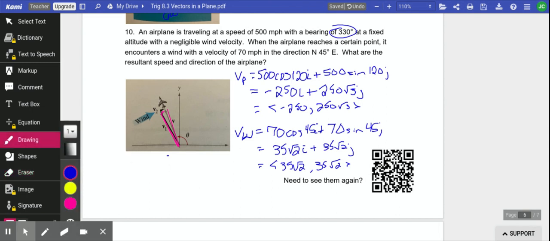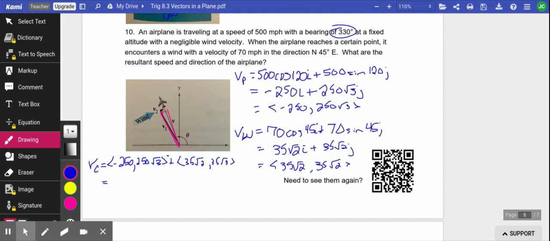So our resultant, I'm going to call it our vector combined, is we're going to take the vector of the plane, negative 250, 250 root 3, plus the vector of the wind, 35 root 2, 35 root 2.